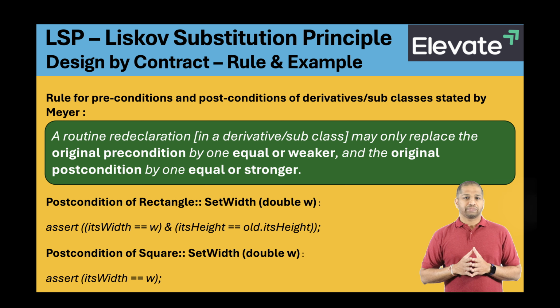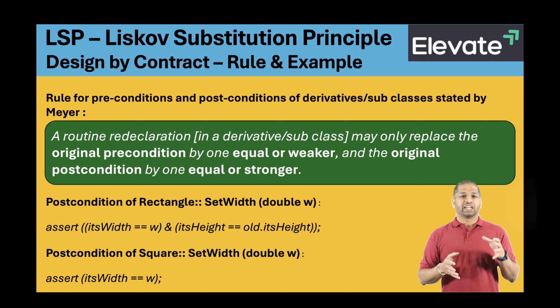In other words, when using an object through its base class interface, the user knows only the preconditions and post conditions of the base class. Thus, derived objects must not expect such users to obey preconditions that are stronger than those required by the base class.